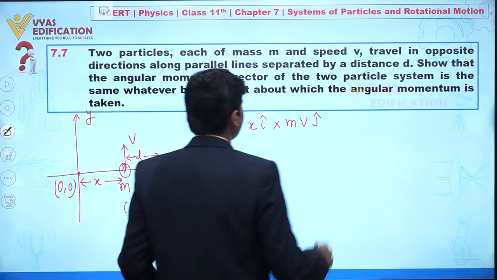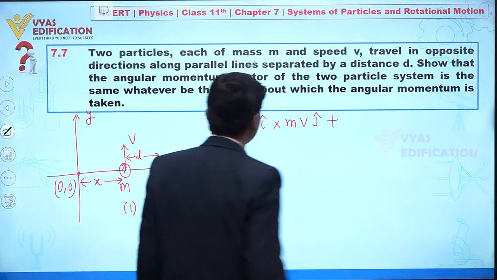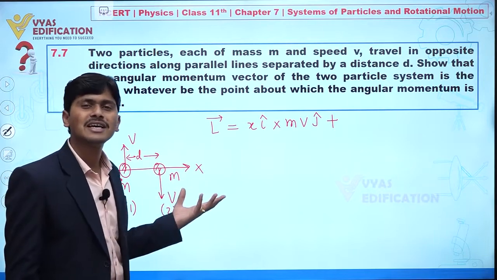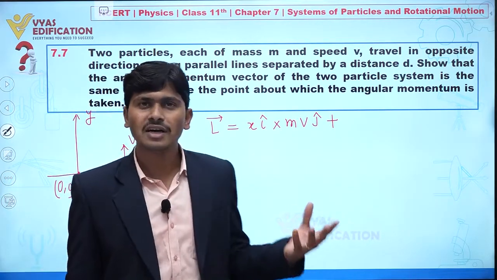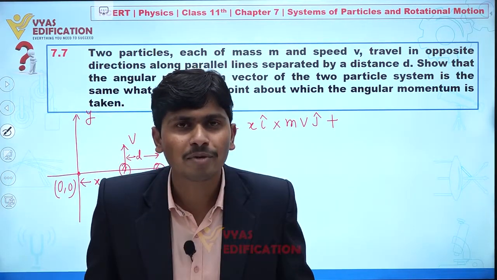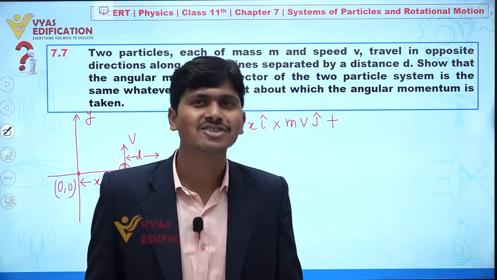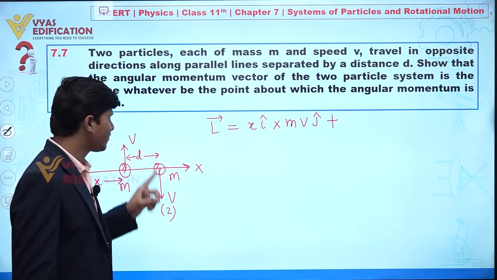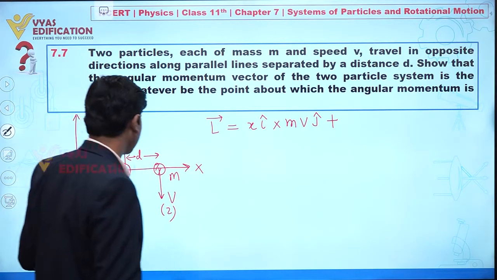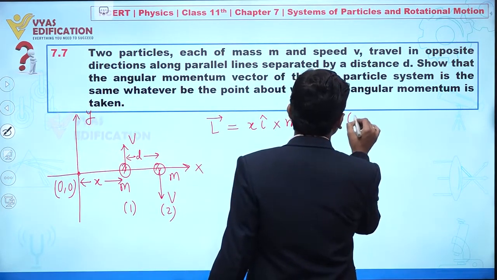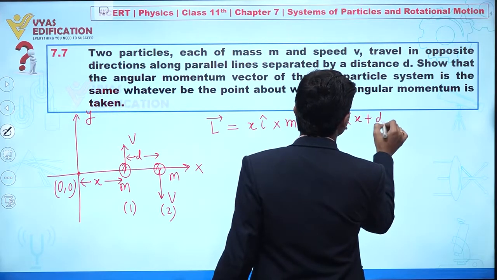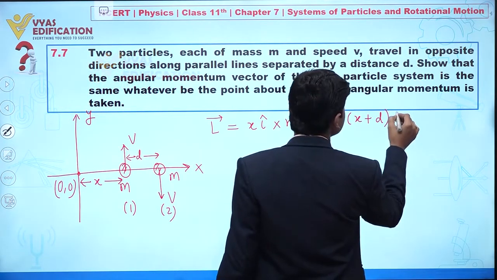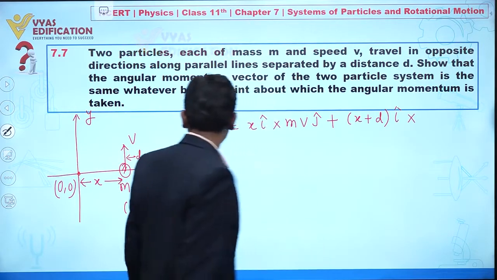Now we write plus, because we are doing vector addition, since angular momentum has magnitude and direction. For the second particle with respect to the origin, r is x plus d times i cap, crossed with p.